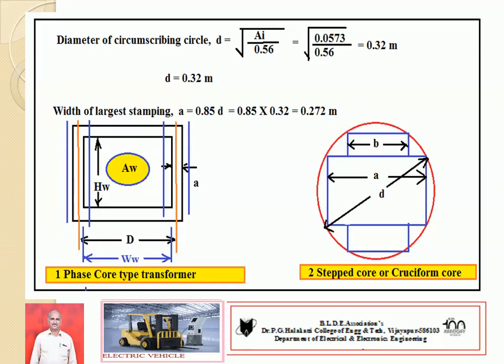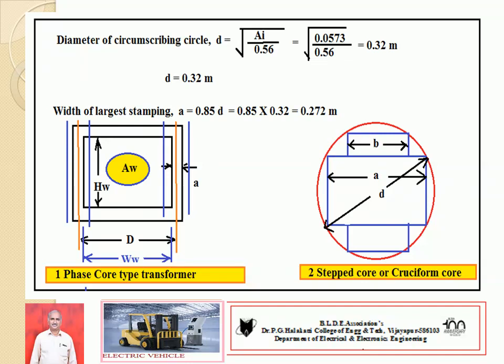Now you can observe from the diagram, this circle is known as the circumscribing circle. D is the diameter of the circumscribing circle. A is the width of the largest stamping. Two-stepped core means it consists of two steps.